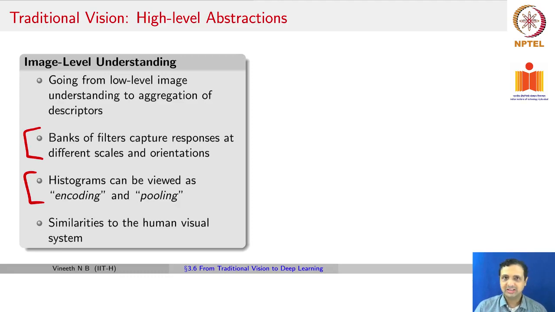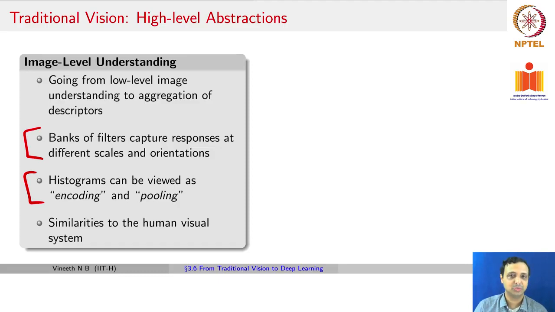One could see that there are some similarities between how this processing was happening and how the processing happens in the human visual system. We at least briefly talked about the various levels of the human visual system, which also bears a similarity of trying to get different kinds of responses at different orientations and scales of the input visual, and then assimilating and aggregating them over different levels.